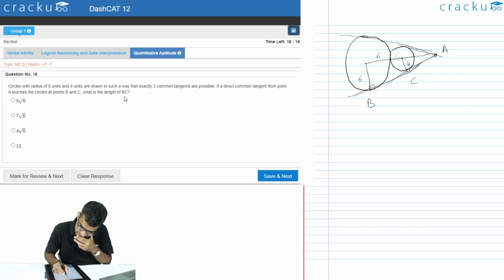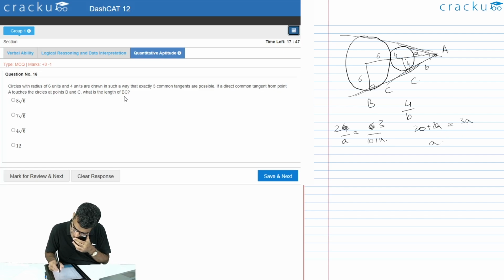This is A, B, and C. So what we know is that, going with sine theta, 4 by A is equal to 6 by 10 plus A. So what is the value of A? This is 2, this is 3, 20 plus 2A is equal to 3A, correct? So A has to be equal to 20.